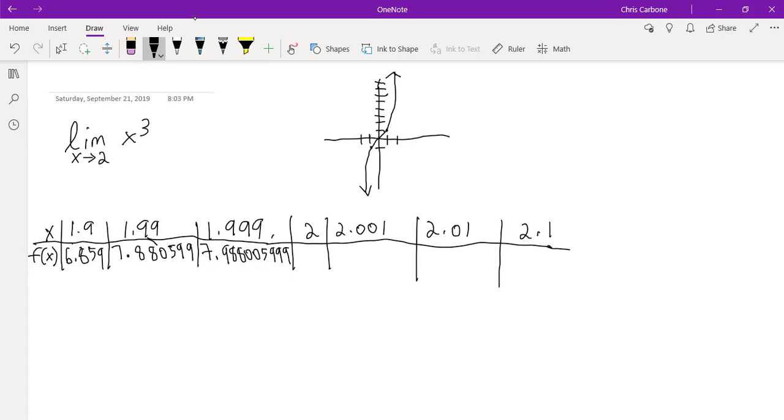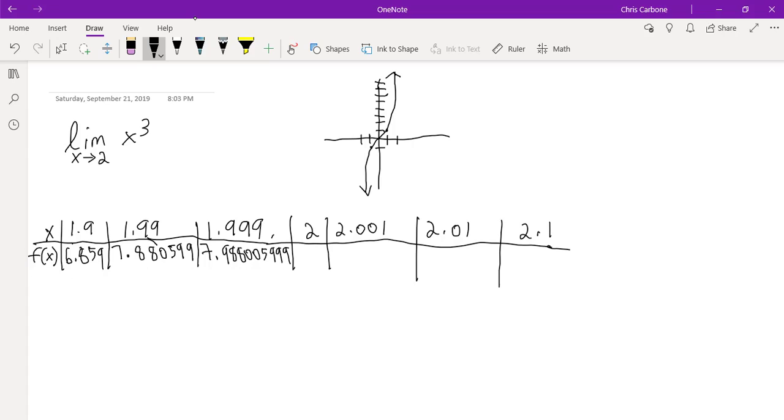And then likewise, again for that neighborhood around what that x value is supposed to approach being that 2, we can look at the numbers 2.001, 2.01, and 2.1. Again, to get very close to this 2 here in the table.